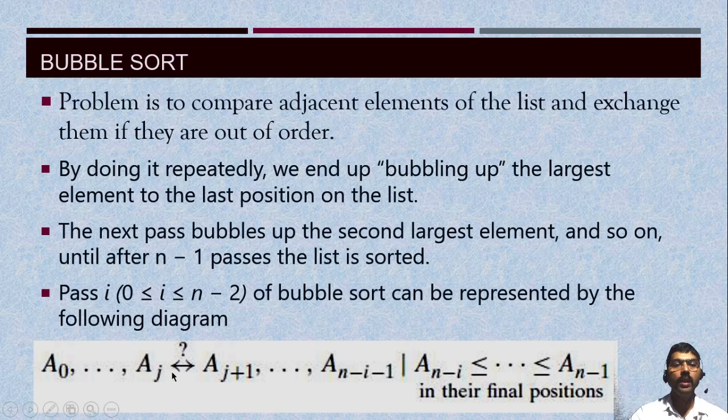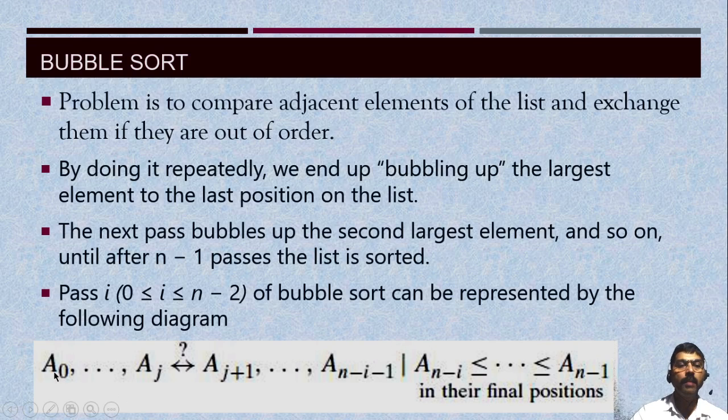If you see in the ith pass, what is the state of the elements of the array? In the ith pass, these many elements are already in sorted order. In each pass, the largest element is pushed to the end. Now I have to sort this.